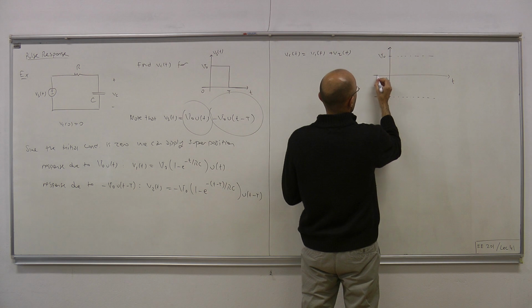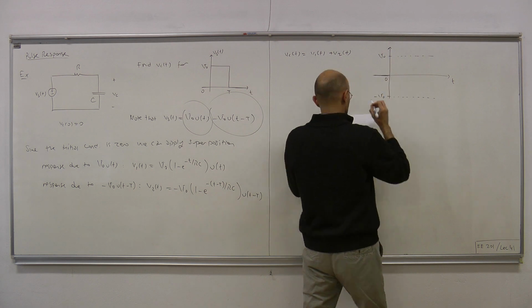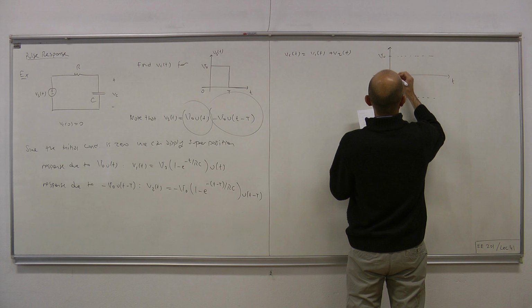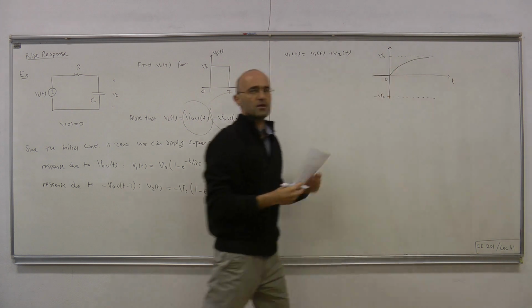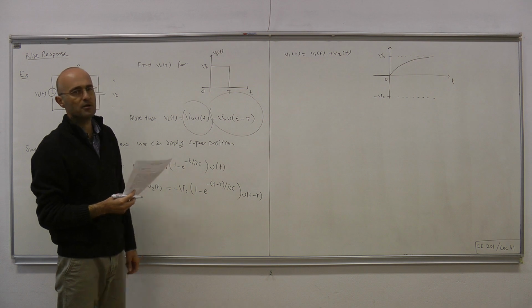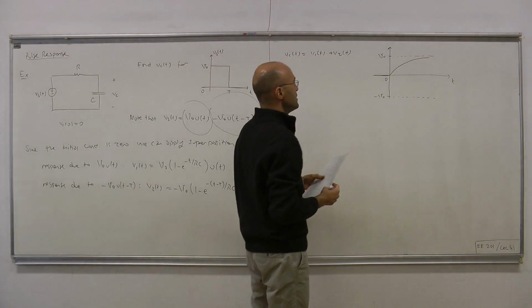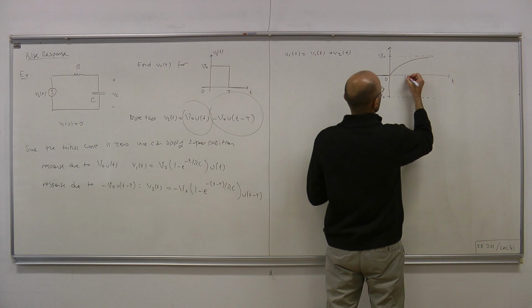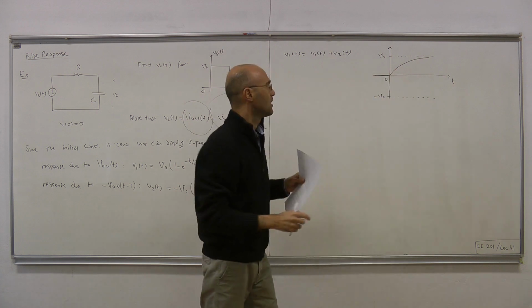Now, V1 of t is this. Start from 0 and it converges to V0 with time constant RC. And V2 of t has the same shape, but it's upside down.